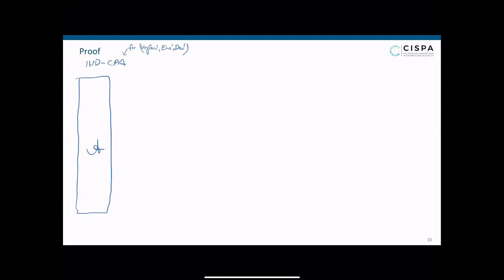How we compute keygen prime, enc prime, and dec prime. So the Challenger does what? First, computes PK, SK using the keygen of my key encapsulation algorithm.